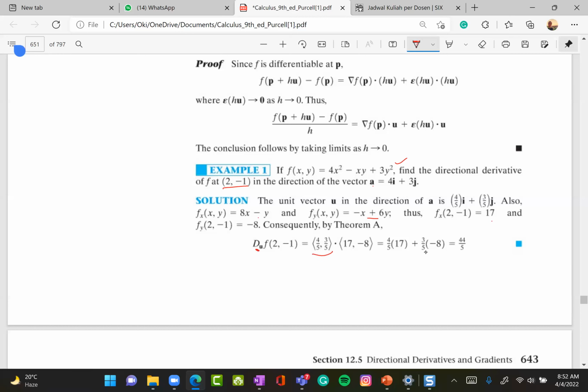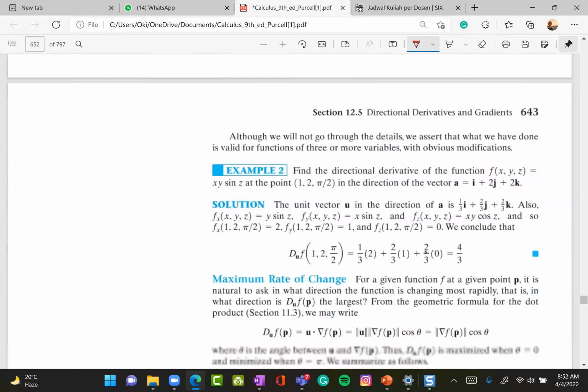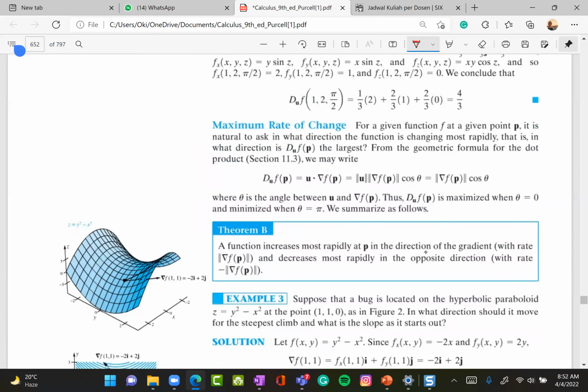So this is u. u now is (4/5, 3/5), times (17, -8). That's the gradient. So that's what we get. Right, so that's the slope of f in u direction. Okay, questions?